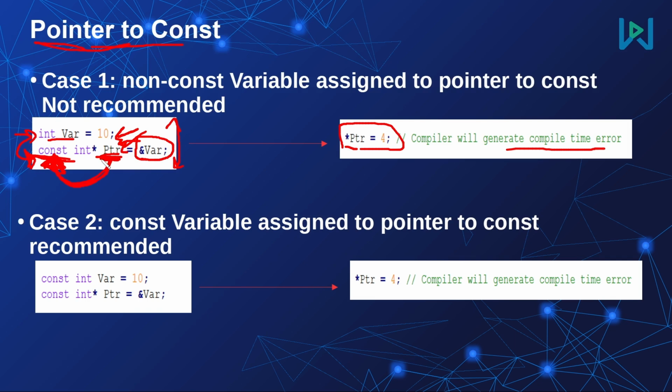Here in our case, our pointer is pointing to a variable of type const integer. However, the variable used to initialize our pointer has type integer only. So we are having kind of mismatch between the type qualifier used for our pointer and the one used for our variable.